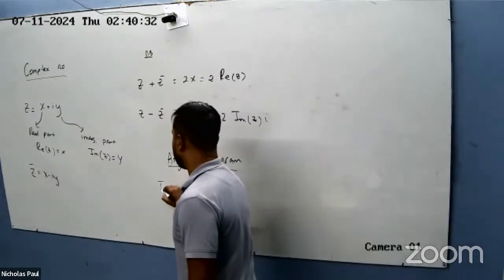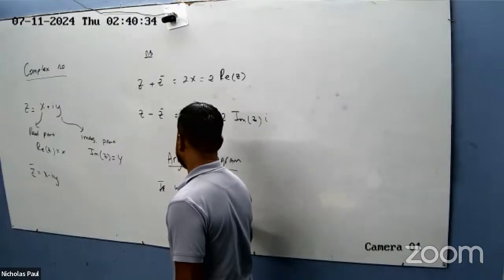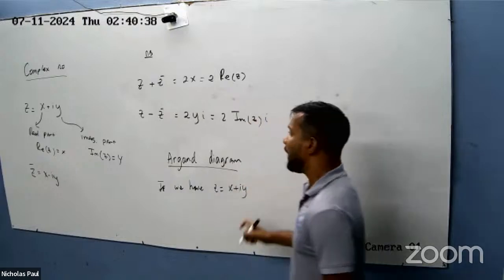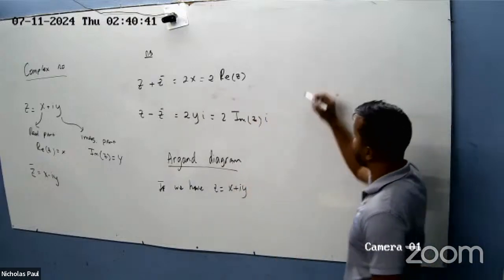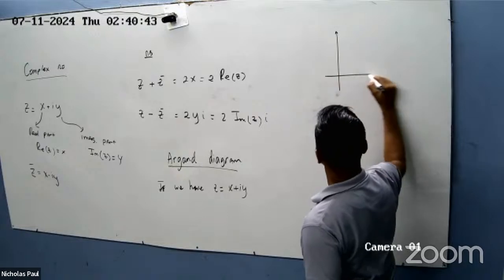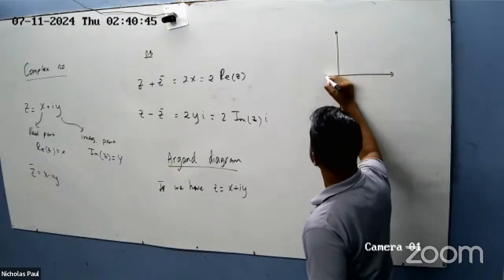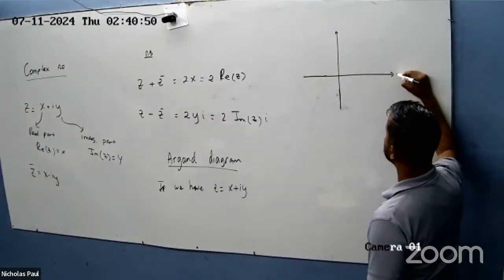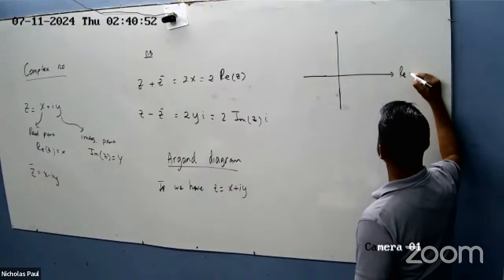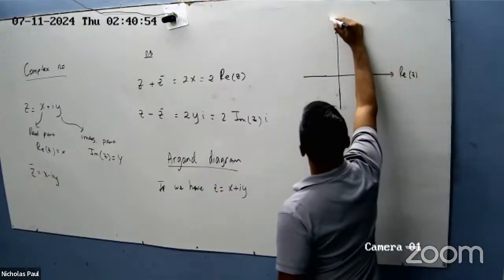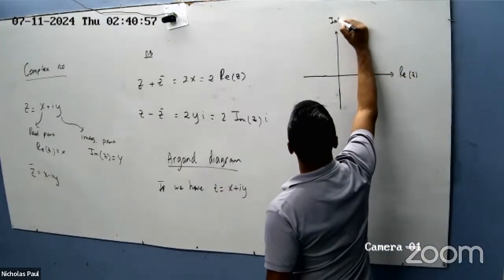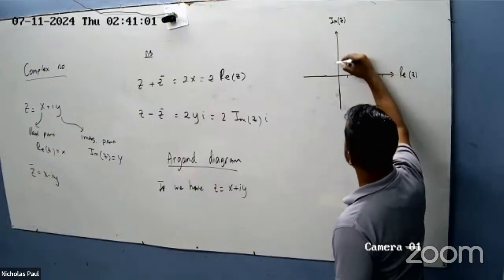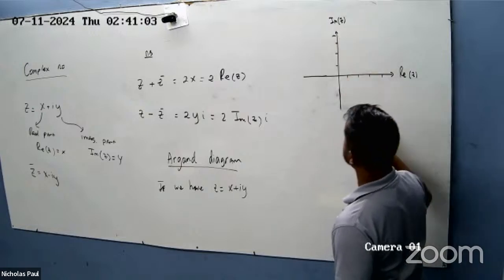If we have z equal to x plus iy, and I want to represent this on an Argand diagram, a normal 2D diagram where the x-axis represents the real part and the y-axis represents the imaginary part. Same scale, like 1, 2, 3, 4.